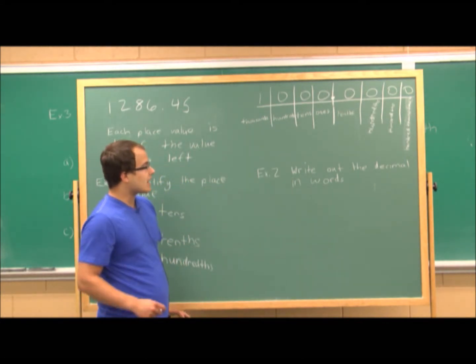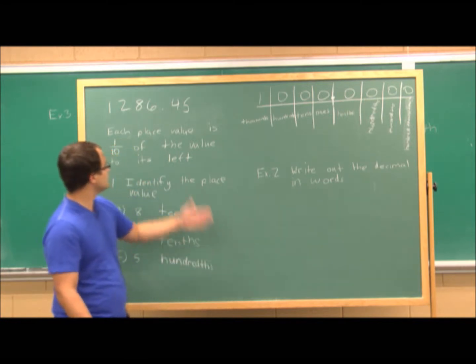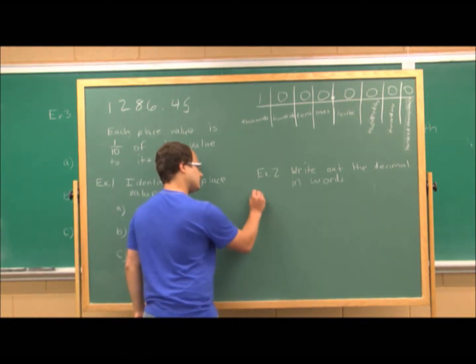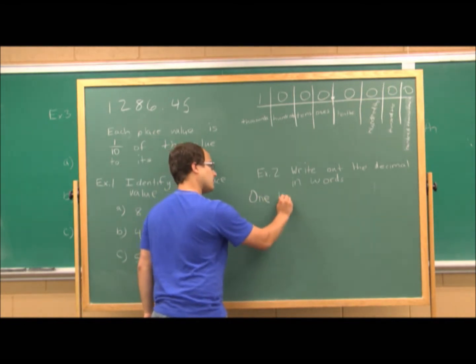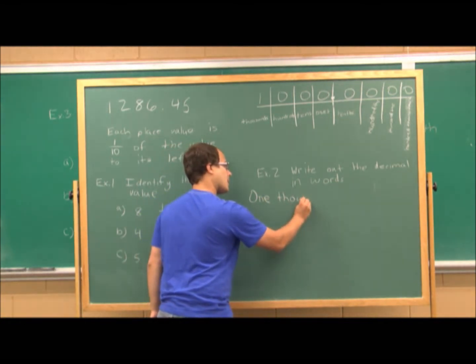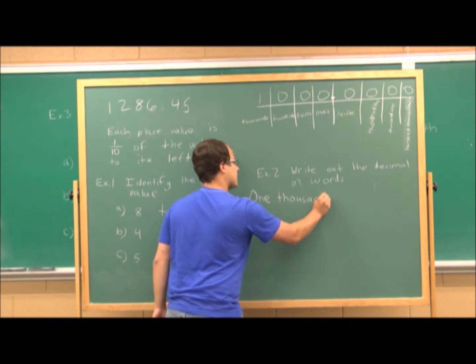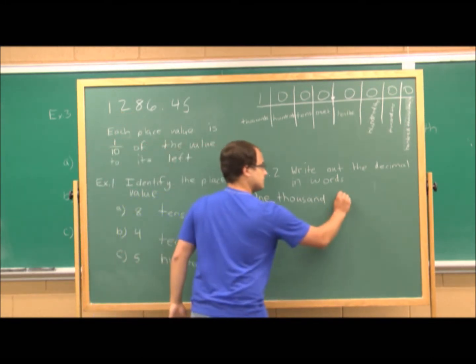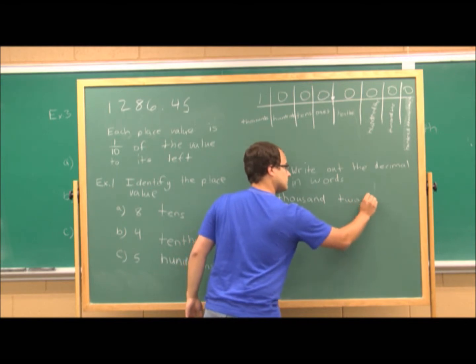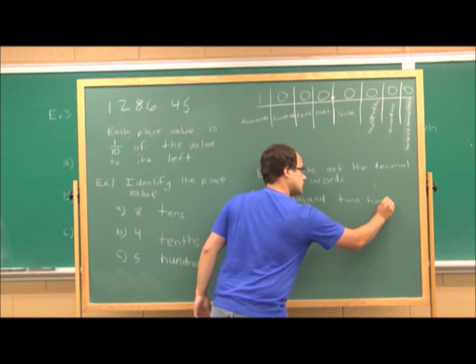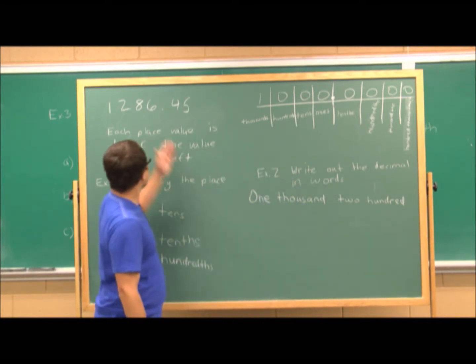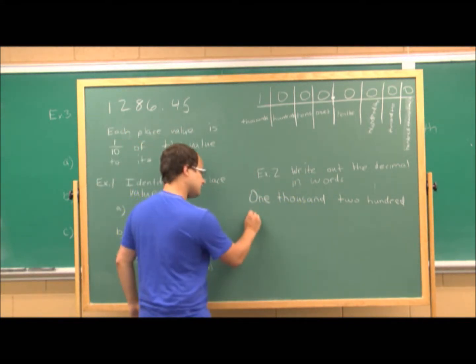Now example 2, write out the decimal in words. So let's start out. 1,000. $200. $86.